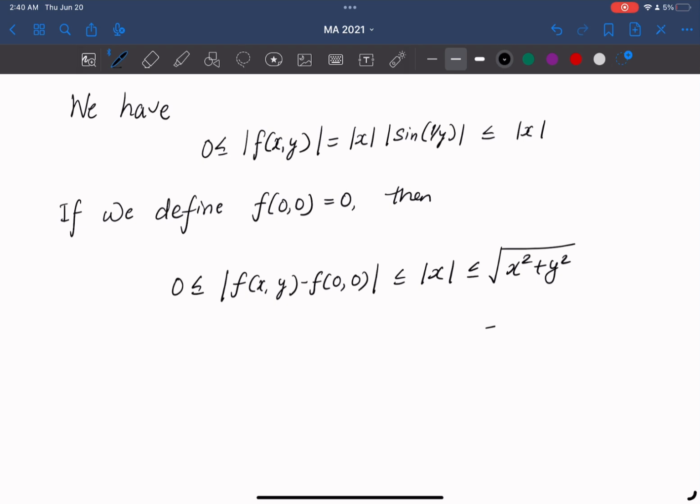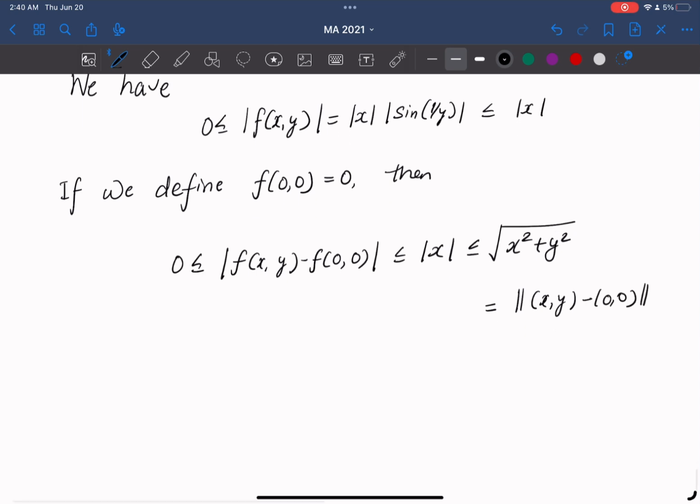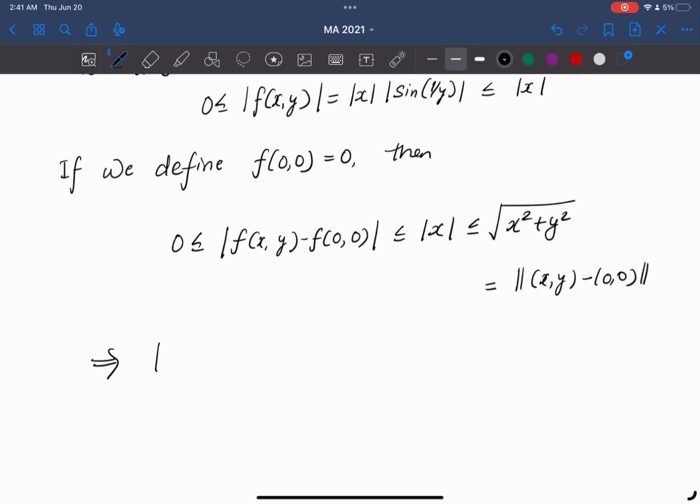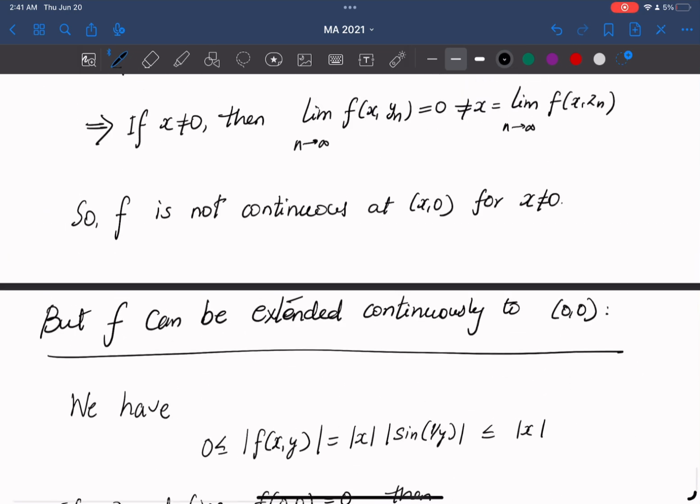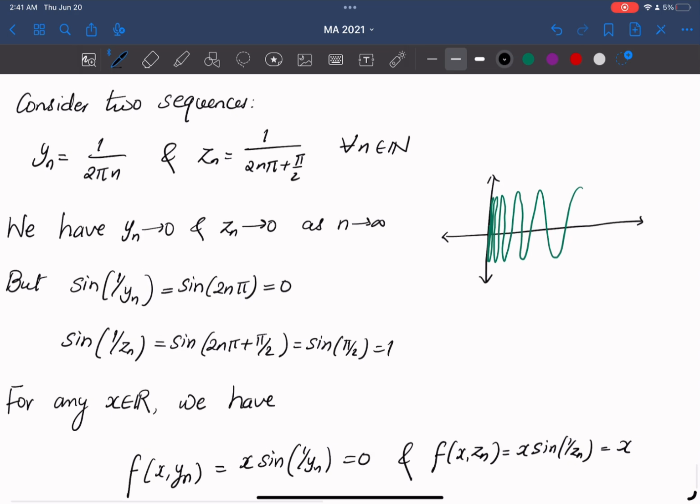Now this is nothing but the distance of the point (x, y) from the origin, by definition, the Euclidean norm. So what we have proved is the following: the limit of f(x, y) as the point (x, y) tends to (0, 0) is equal to 0, which by definition is f(0, 0), and hence the extended function is continuous at (0, 0).